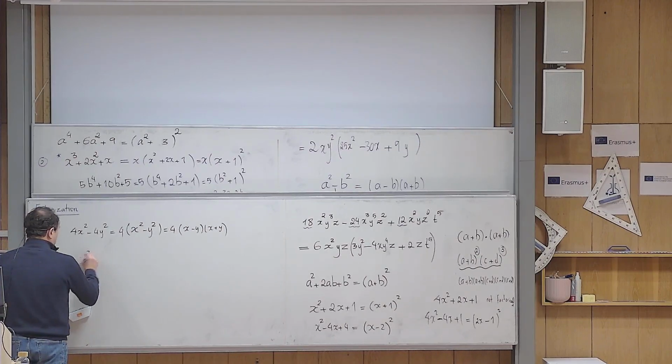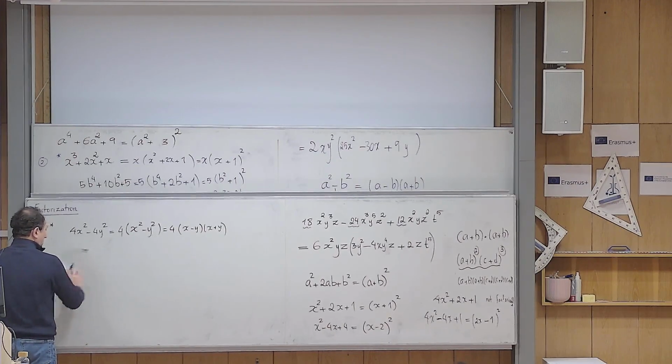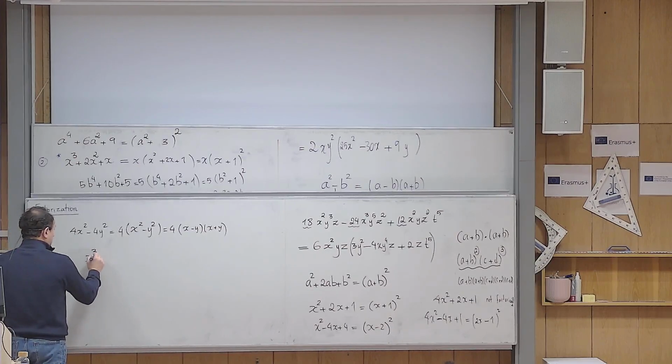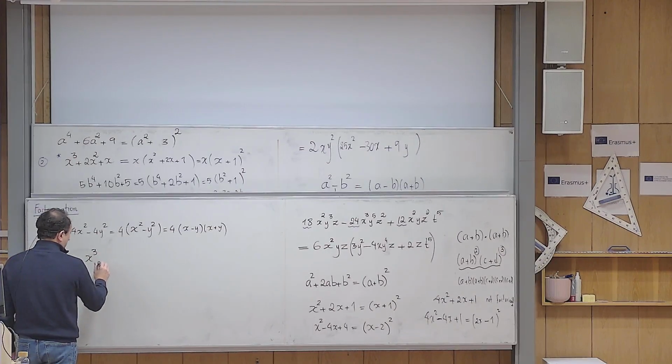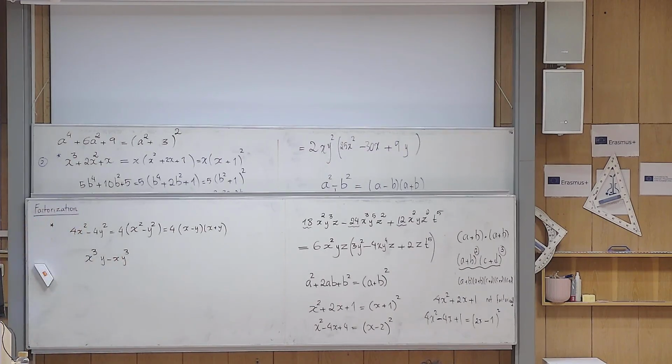x to the power of 3, y minus x y to the power of 3. I ask you to factorize this.